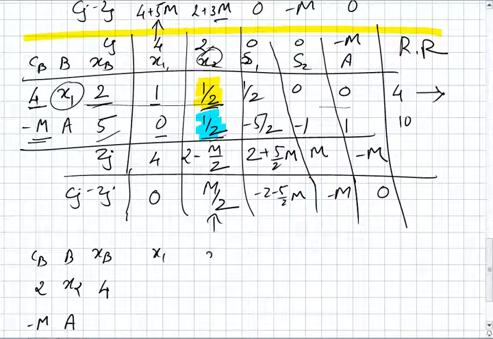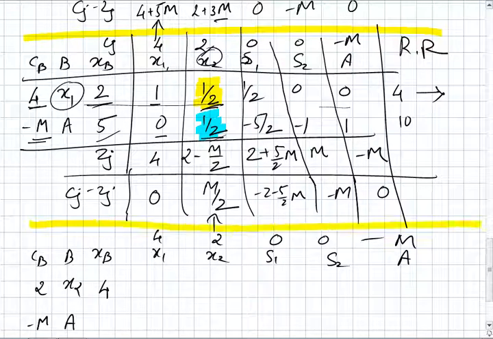Let me write x1, x2, s1, s2 and a. Its coefficients are 4, 2, 0, 0, minus m. To divide the first and second table, drawing a line. Now 1 by 2 is multiplied by 2 is 1, 1 by 2 multiplied by 2 is 1, then 0, 0.